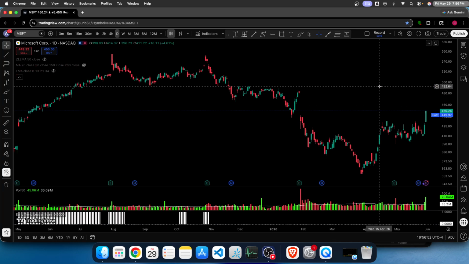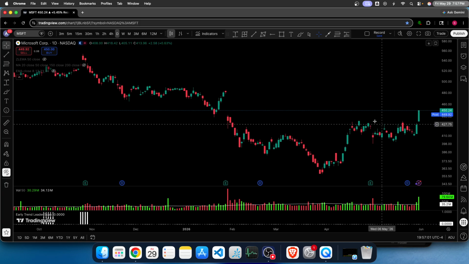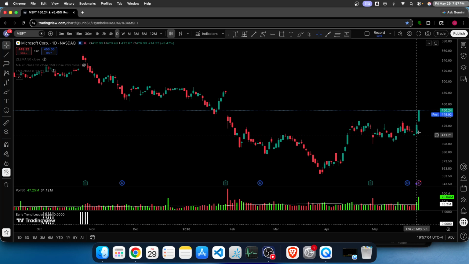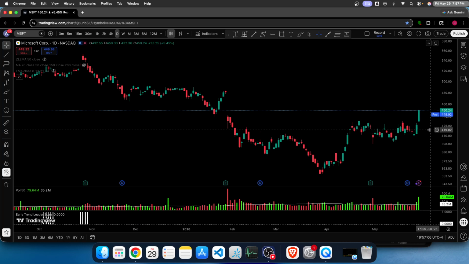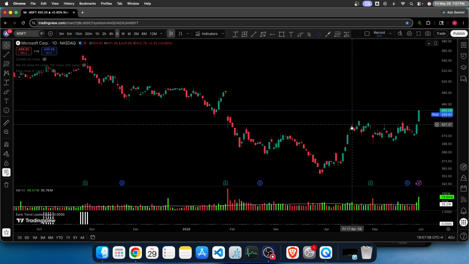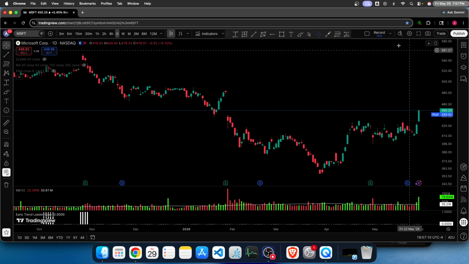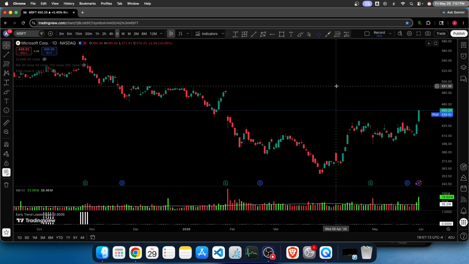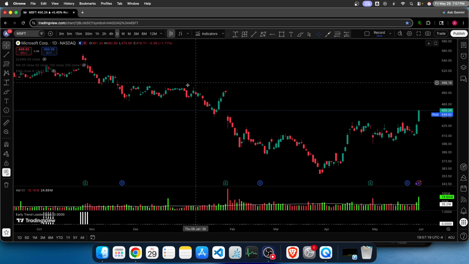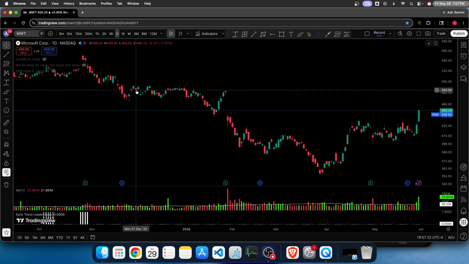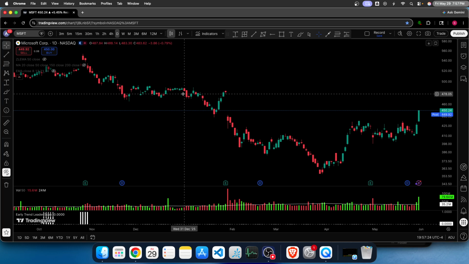Even though we have long-term targets of 650 and 850, there are always going to be some levels. The stock will move higher, take a pause, then move higher. Similar to this action, we have seen it pause for a month and a half. It didn't go down, but it rested in this zone for a month and a half, and then it continued to move higher. The first immediate level we can see is this zone where the price was not allowed to go higher for a couple of months.